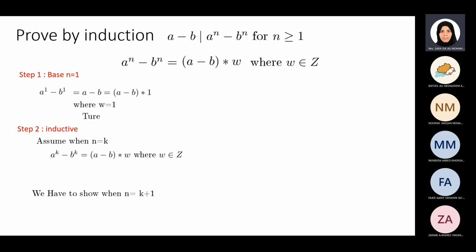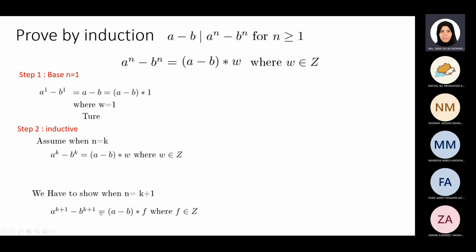My goal is to show that a to the power k plus 1 minus b to the power k plus 1 is also divisible by a minus b. That means I can write it in the form of a minus b times an integer value. Here I give it the symbol f. Now, this is our goal.